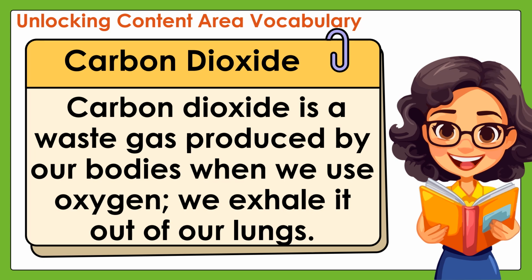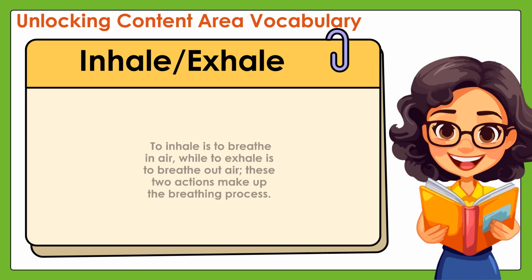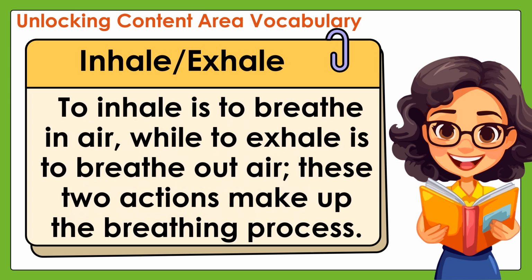Carbon dioxide is a waste gas produced by our bodies when we use oxygen. We exhale it out of our lungs. Inhale, exhale. To inhale is to breathe in air, while to exhale is to breathe out air. These two actions make up the breathing process.